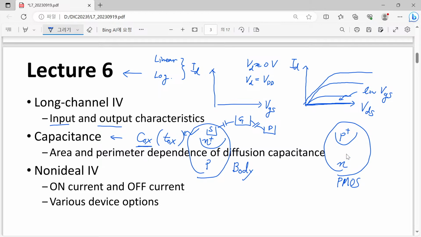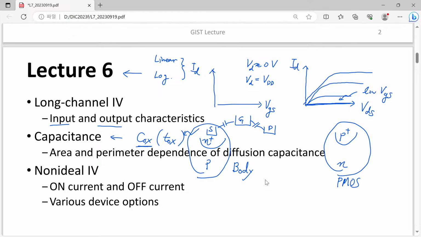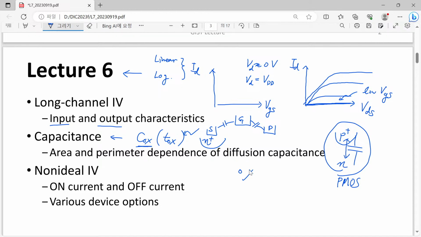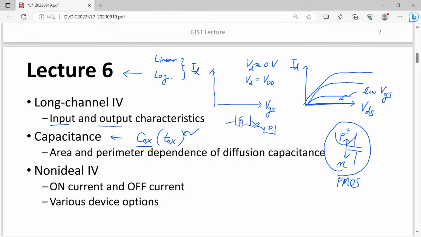When the PN junction is in its equilibrium state or reverse bias condition, it does not conduct. So there can be good electrical isolation between the source and drain and the substrate. But here we have capacitance. So that capacitance should also be considered when we consider time-dependent propagation of a signal. So that was one thing we have to keep in mind.